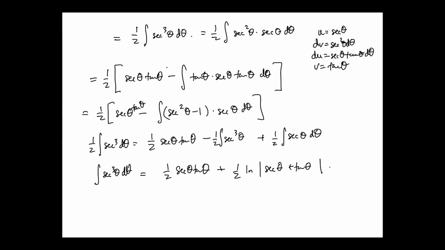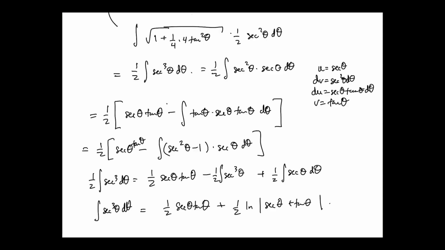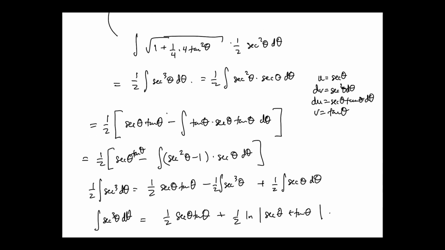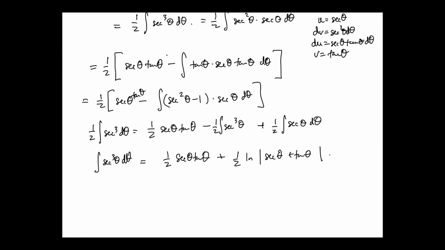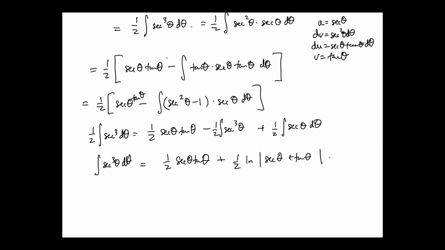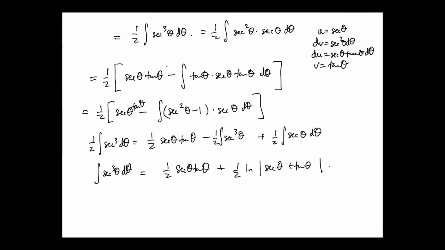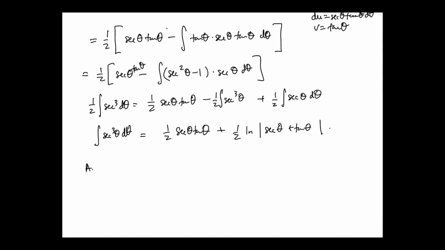And then, of course, we all remember that the integral of secant is the natural log of secant plus tangent, right? Okay. So that's the integral of secant cubed, and our arc length is 1/2 of that.